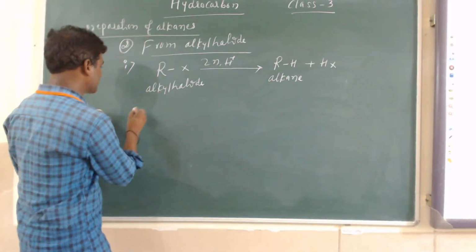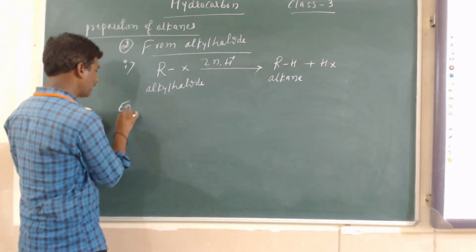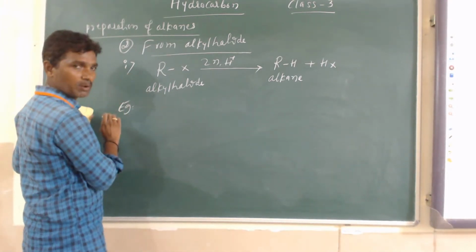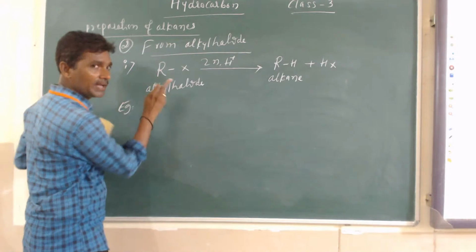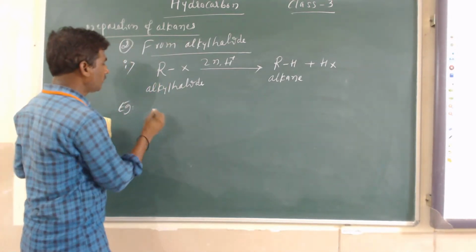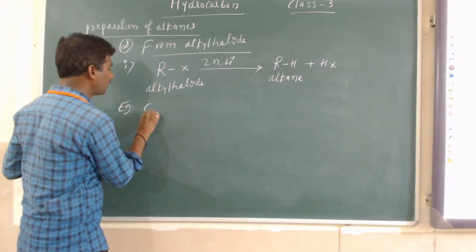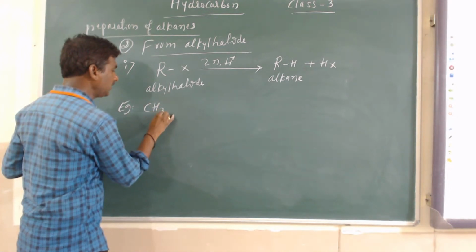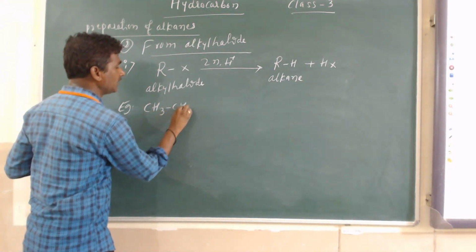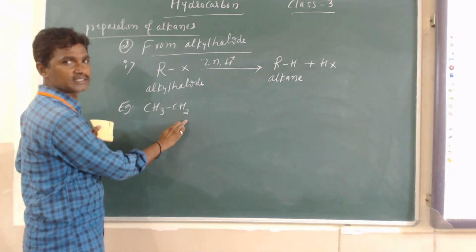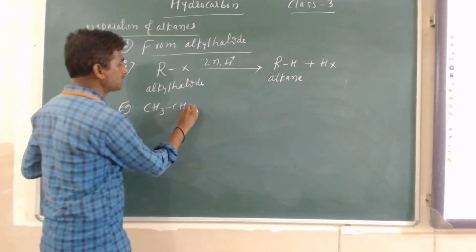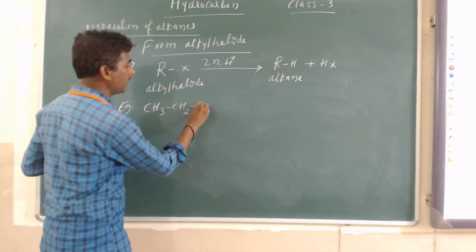Example, this is reaction number 1. R is an alkyl group. One alkyl group I can take is CH3CH2, which is called ethyl. X is a halide. What are halides?